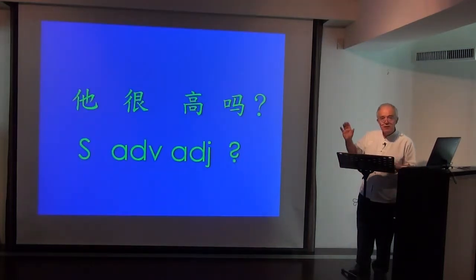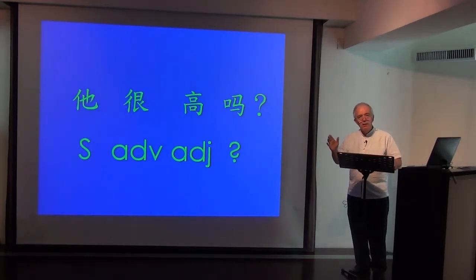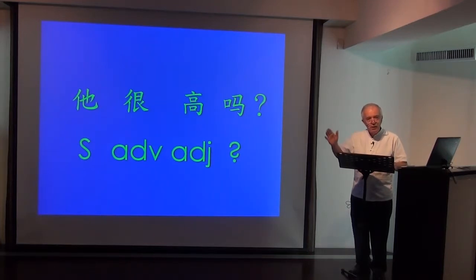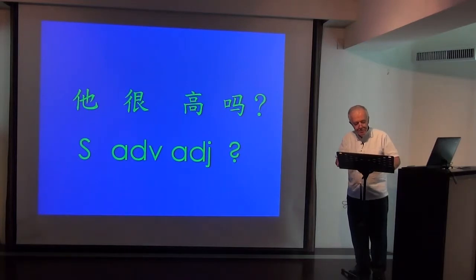So the sentence 他很高吗? Is he tall? Often you find students say 他是很高, but you have to tell them, no, you don't need the verb to be, it's already embedded in the adjective. So he is tall, 他很高, and 高学生, tall students.